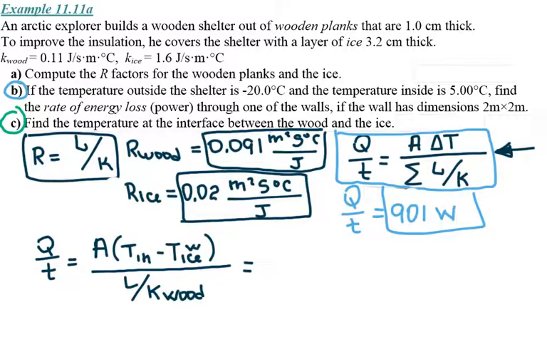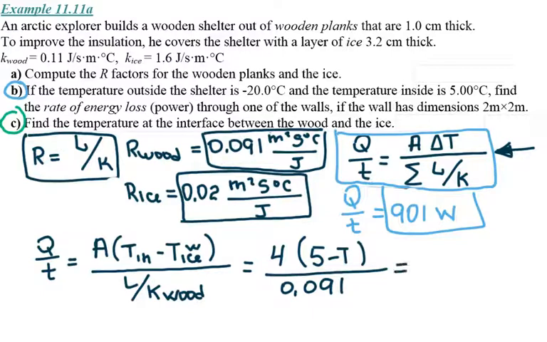So that will give me 4 is the area, meters squared, and then the temperature is 5 minus the temperature I'm looking for, and then all of it divided by the R factor for the wood, which is 0.091, and all of that is equal to the one that I just found, 901.